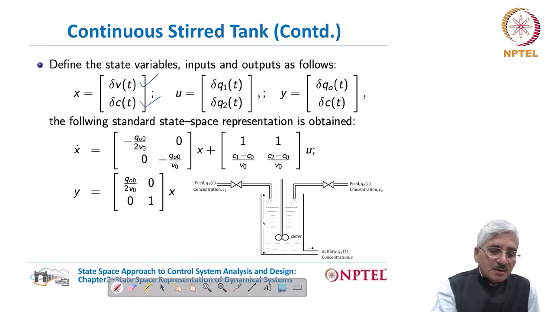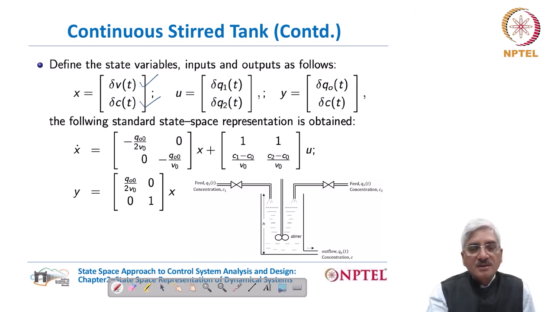So these two are the state variables, and the state vector is thus x equal to x1, x2, which is delta V(t) and delta C(t). Inputs are the two feed rates. For the linear system, these are incremental changes in the feed rates around their respective steady state values.